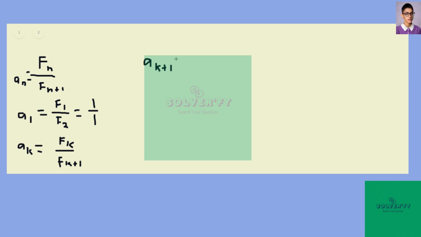To do the k plus 1 term, not surprisingly, we're going to get f of k plus 1 over, well, the k plus 1 term of the Fibonacci sequence is a mouthful, over the k plus 1 plus 1, k plus 2 term of the Fibonacci sequence.